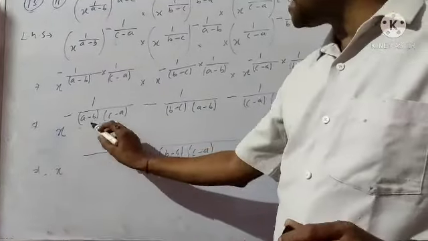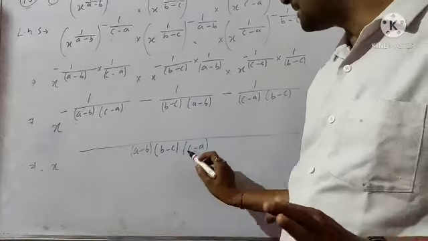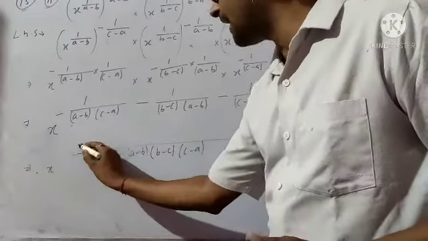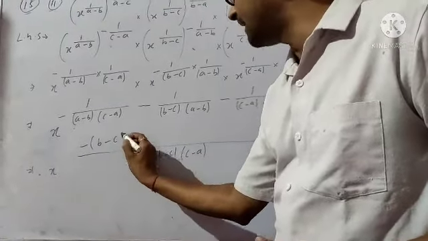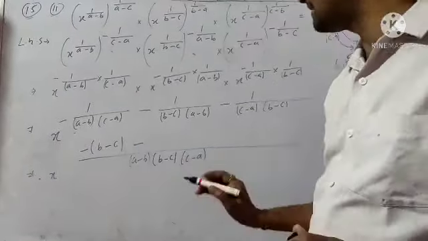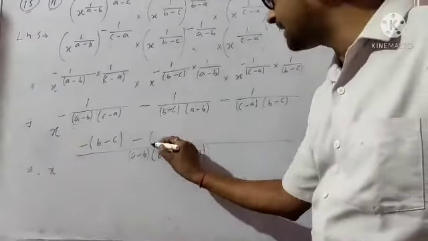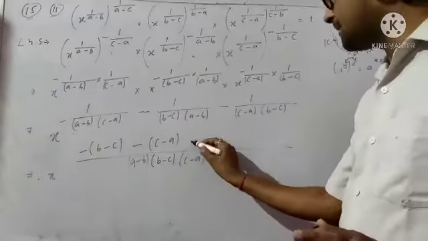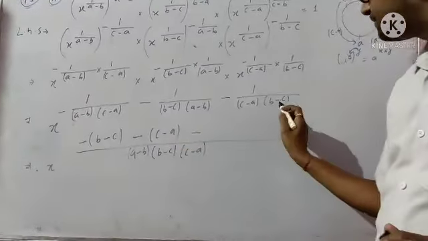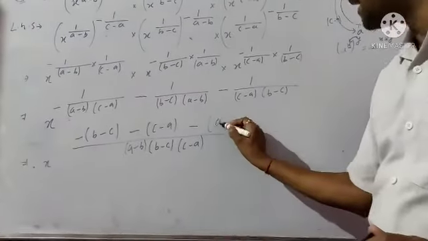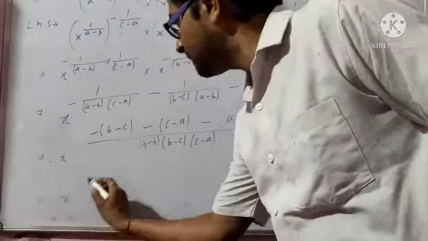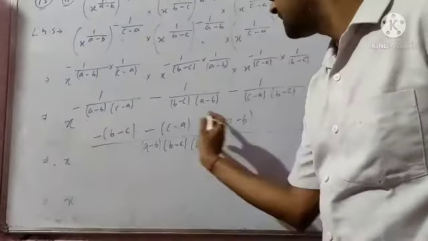And A minus B matching means cut down, and C minus A cut down. B minus C is multiplied here. So here write down minus bracket B minus C. Again minus B minus C matching, A minus B matching, so we can multiply here C minus A. Here is the minus C minus A, B minus C, so here multiply A minus B. Okay. Then after x to the power, multiply minus in all the terms.